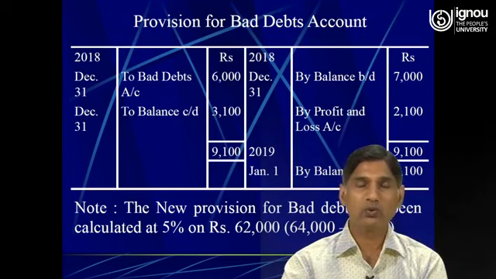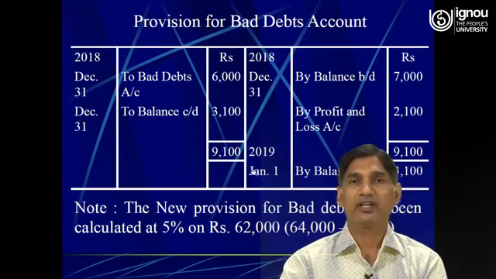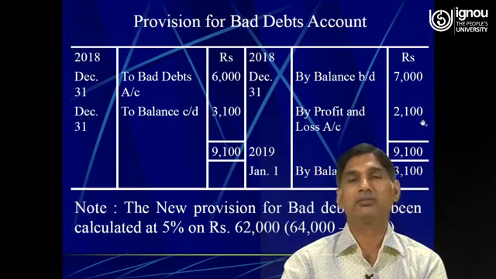On 62,000 we should make a new provision at the rate of 5%, which comes to 3,100. So this is the balancing figure of rupees 2,100 which must be charged to the profit and loss account.